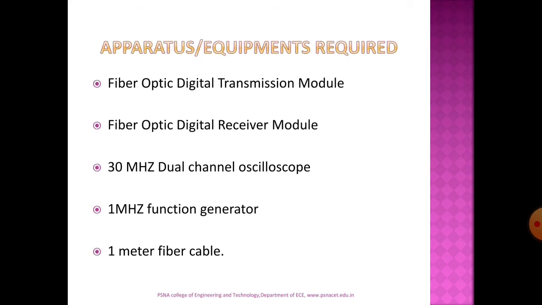The basic apparatus required for this experiment is a fiber optic digital transmitter module, a fiber optic digital receiver module, an optical fiber, and an input signal from the 1 megahertz function generator. At the receiver, to obtain and see the signal, we are going to use a 30 megahertz dual channel oscilloscope. These are the basic apparatus required for conducting this experiment.